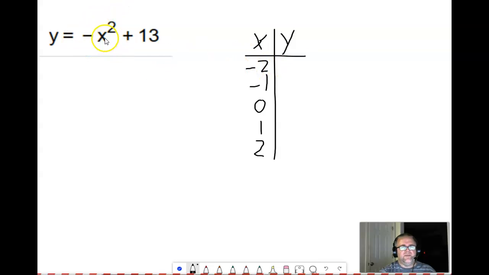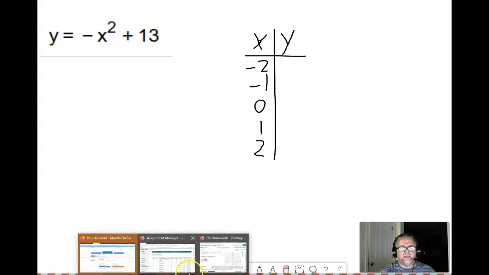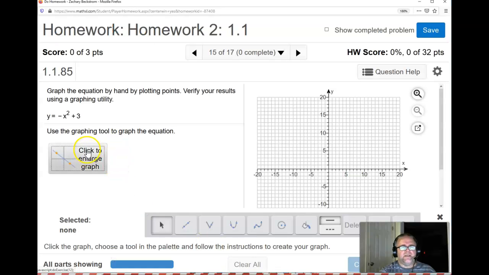So if I put the negative 2 in there, that's negative 2 squared, which is positive 4. Positive 4 times a negative is negative 4, plus 13 is, and I don't think it should be 13. Let me go back, because I think I switched it up. Yeah, it's actually plus 3.